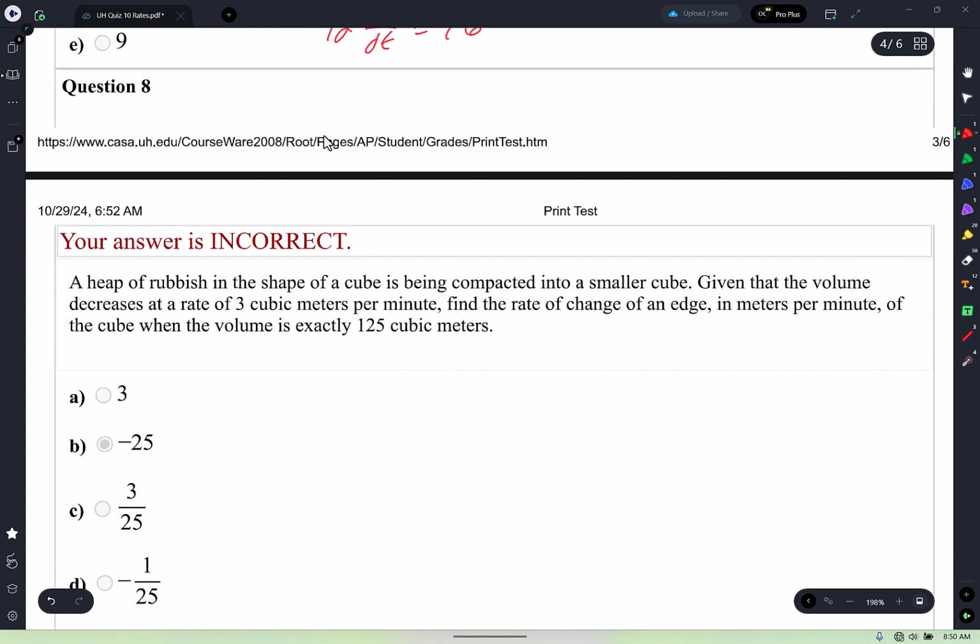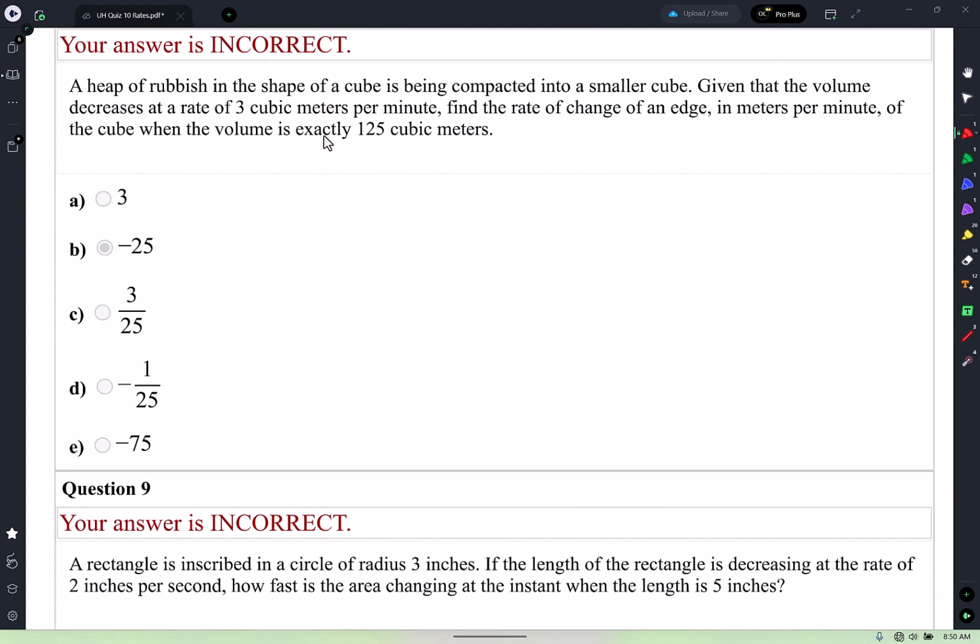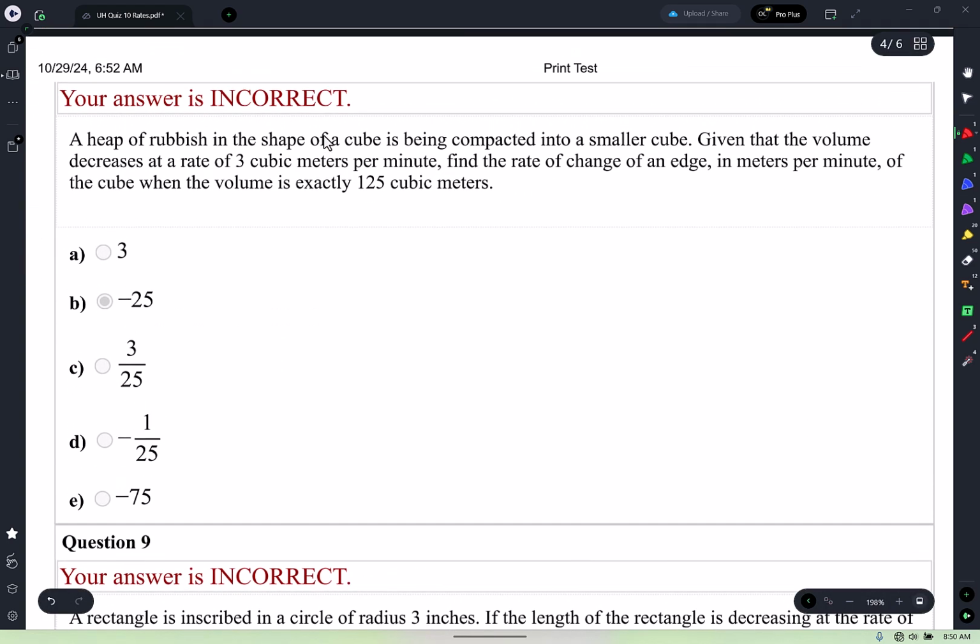Let's see. Rubbish. I've never heard someone call it rubbish, but okay. A heap of rubbish in the shape of a cube is being compacted into a smaller cube. Given that the volume decreases at a rate of 3 cubic meters per minute, that's the volume, so I'm going to write dV/dt equals -3. Find the rate of change of an edge in meters per minute of the cube when the volume is exactly 125 cubic meters.